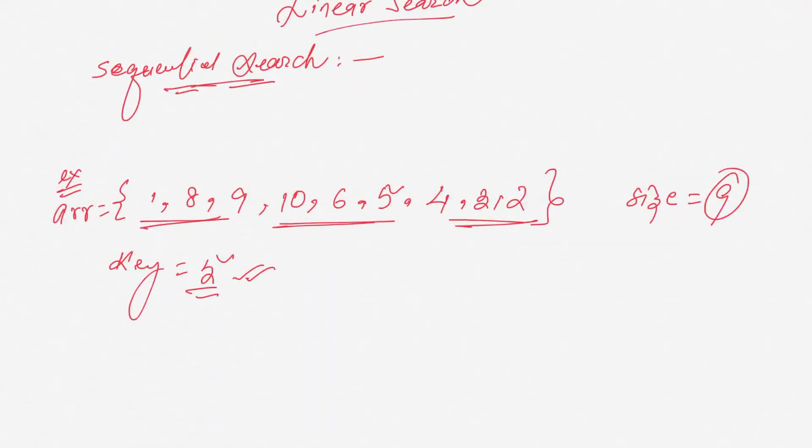We will start from index 0 and go till index 8. Is 1 matching? No. Is 8 matching? No. 9, no. 10, no. 6, no. So here is our key.